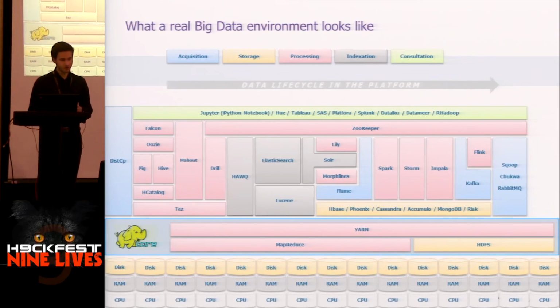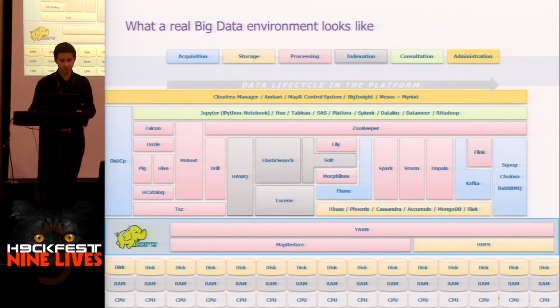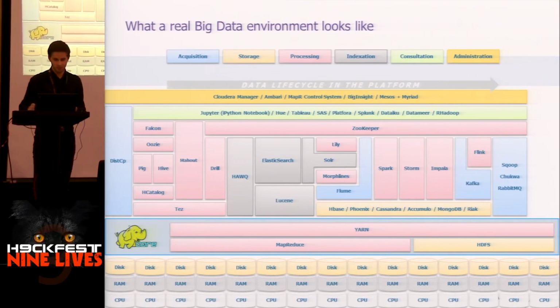You have Cloudera Hue, which is famous, Tableau, SAS, Platform, Splunk, which are proprietary and legacy stuff, except Splunk, which is still rolling. Dataiku, which is a French visualization technology. And then for administration, each distribution has its administration module. You have Cloudera Manager, Apache Ambari for Hortonworks clusters, and MapR Control System for MapR.